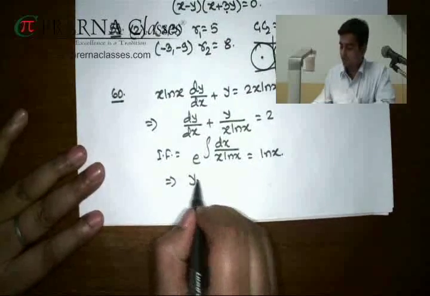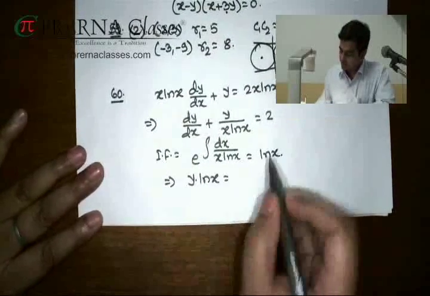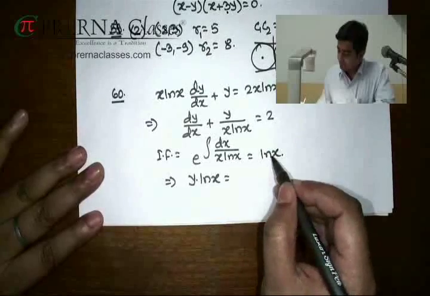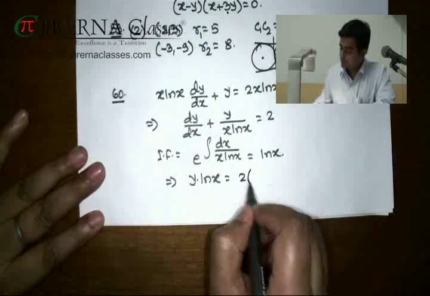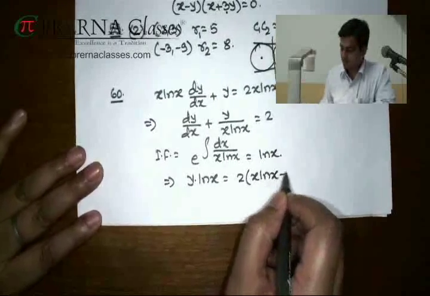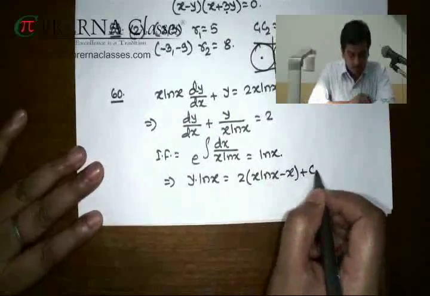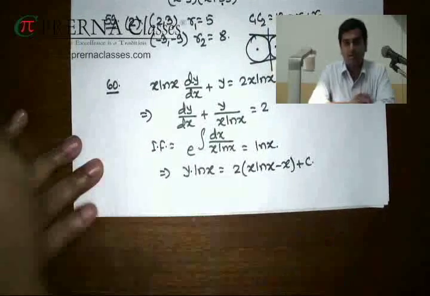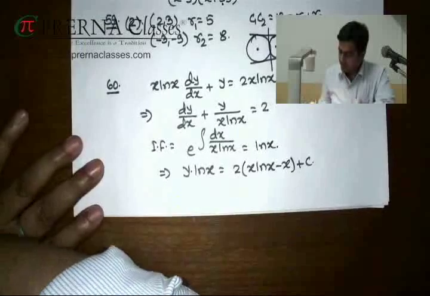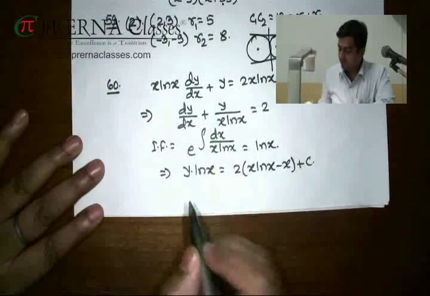So the solution would be, and then the integral of 2 ln x dx, which simplifies to this expression along with the constant of integration. Since it is given in the problem that x is greater than or equal to 1, we should not really be bothered about the value of y at x equal to 1.